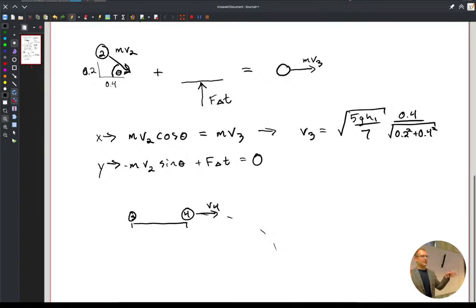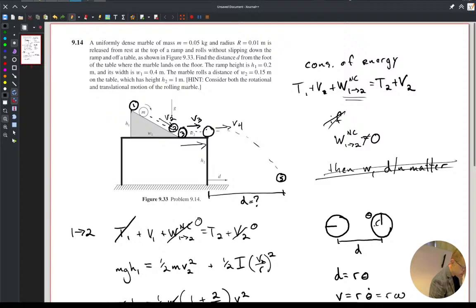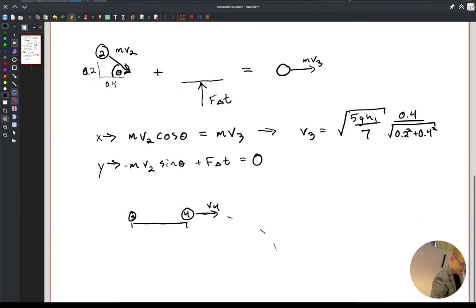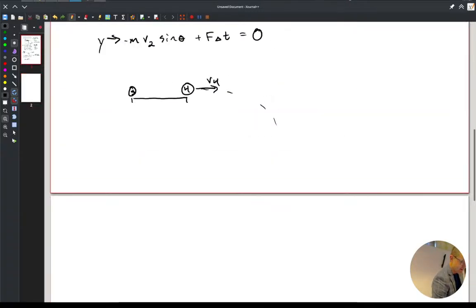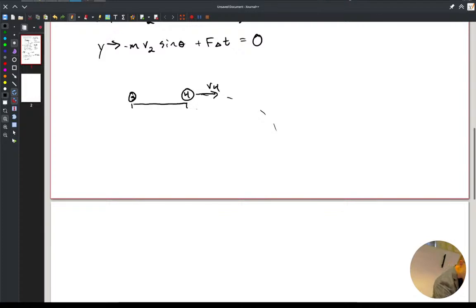If we're talking a 1 meter table versus a 100 meter table, then yeah, let's factor in that rolling resistance and see what the difference is. But this is pretty short. I forget how long this table is. W2 is 15 centimeters. All right, we're gonna forget about that rolling. Just ignore that rolling resistance. I mean, you don't have to. Sorry, I'm saying we, as in this is what you have to do, but you don't have to. Do however you want.